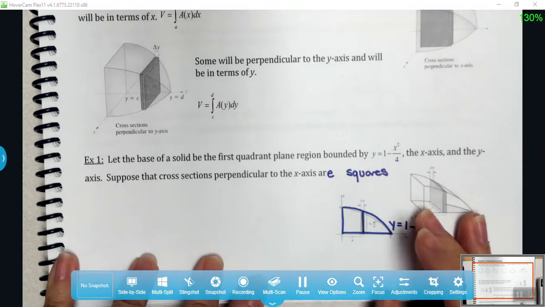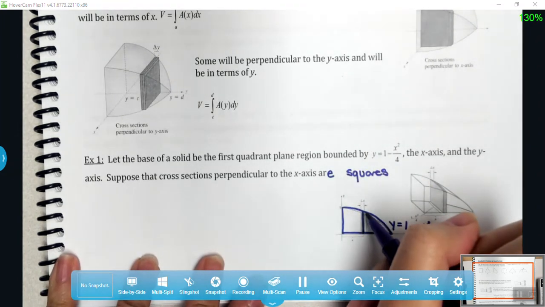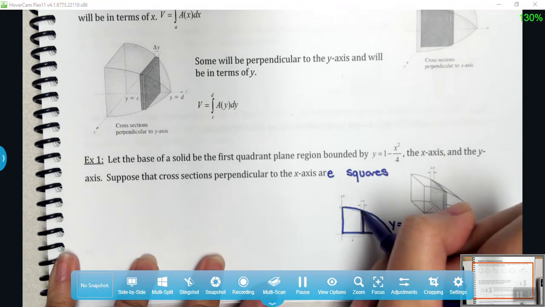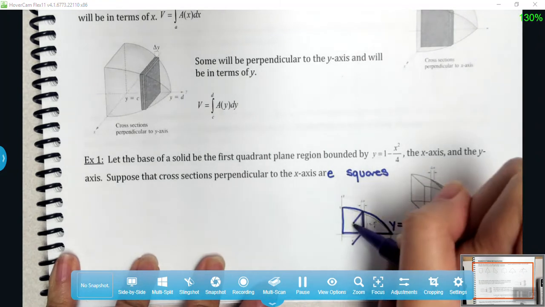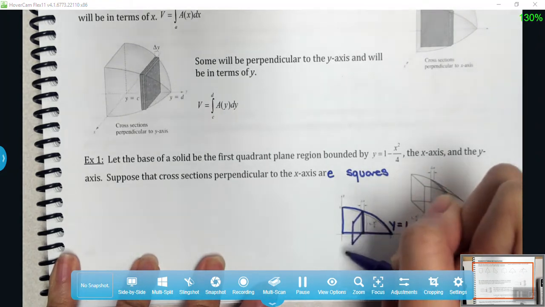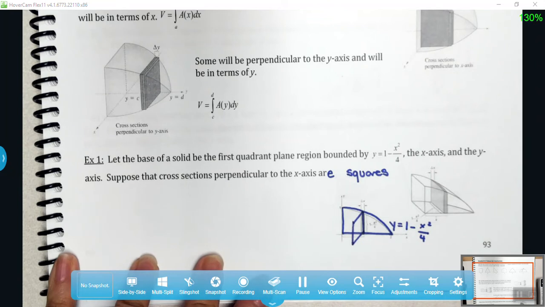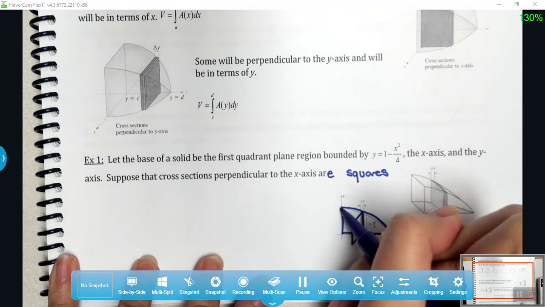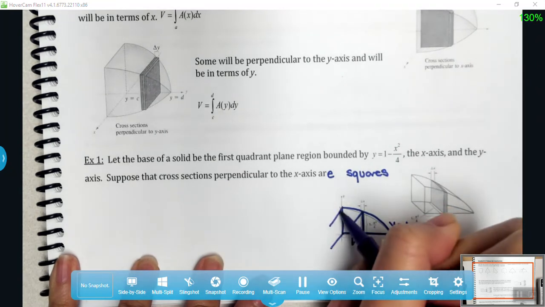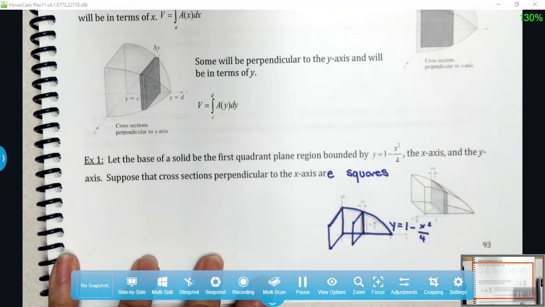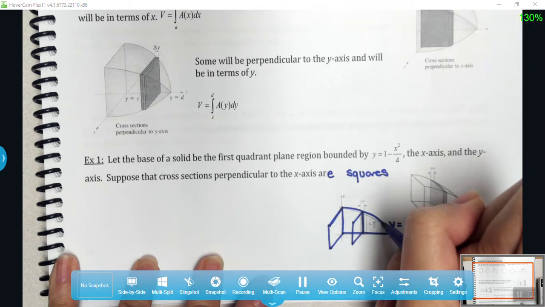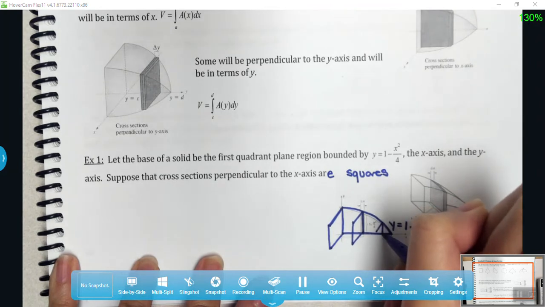Okay. So what I'm going to do is, on this flat region, pull it out and build a square on top of the cross section. So you pull the end out, and then we make a square here. Do another one down here, a little one.